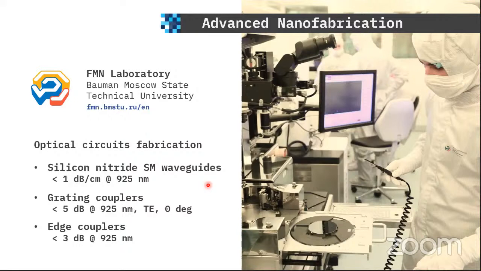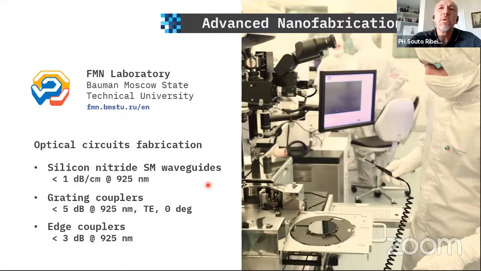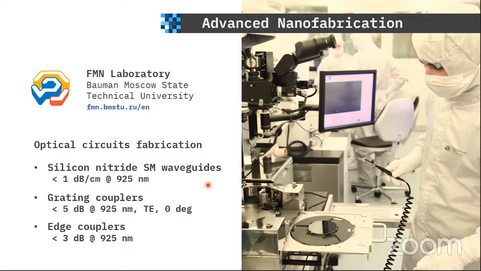So we are not only a research facility, but also fabricate some of our products in small volume. Okay, but would somebody like us be able to get a small circuit from you? Yes, we can discuss it separately.